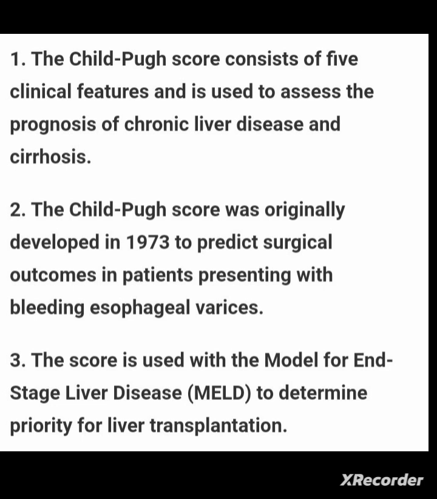The score is used with the Model for End-Stage Liver Disease, or MELD score, to determine the priority of liver transplantation. The Child-Pugh score is usually used to determine the prognosis as well as the required strength of treatment.